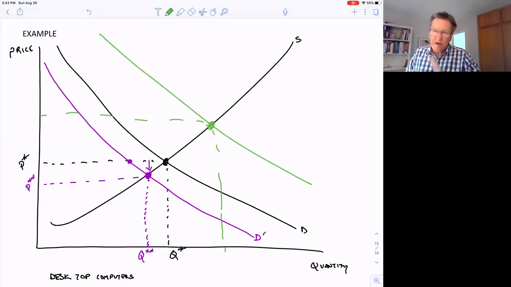So one curve changes, new equilibrium, we know price is going to change and quantity is going to change, and we can see what direction it's going to be. But if both of them change at the same time, it's a little bit different and more complicated. We can either say something about how the price is going to change or how the quantity is going to change, but not both of them.